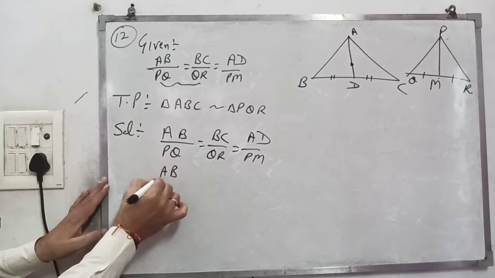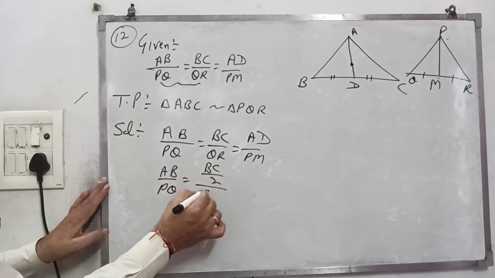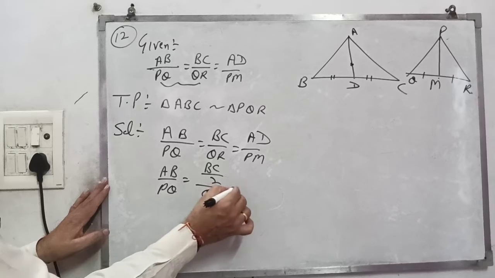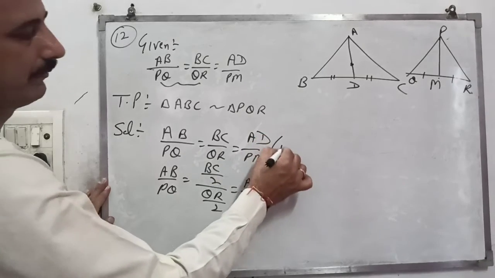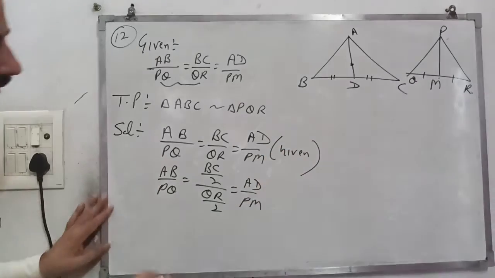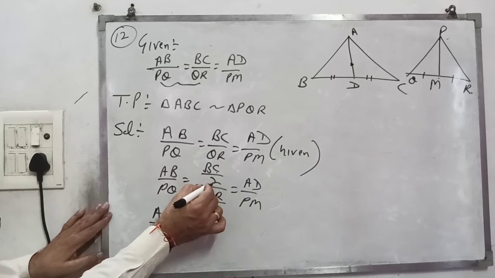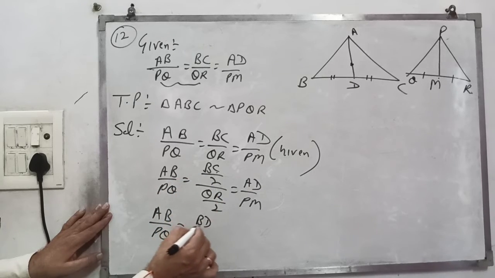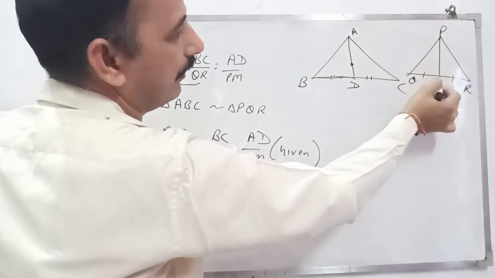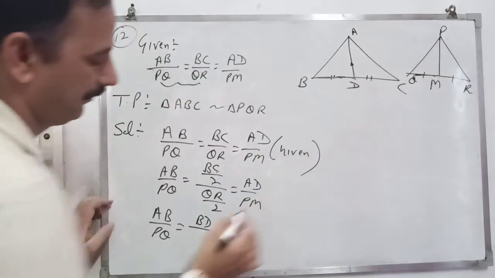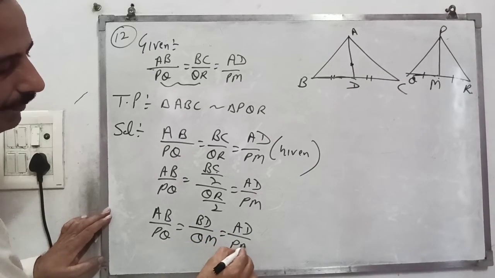So AB upon PQ equals BC divided by 2 upon QR divided by 2, and AD upon PM is the same as given. Then AB upon PQ, half of BC becomes BD, and half of QR becomes QM, equal to AD upon PM.